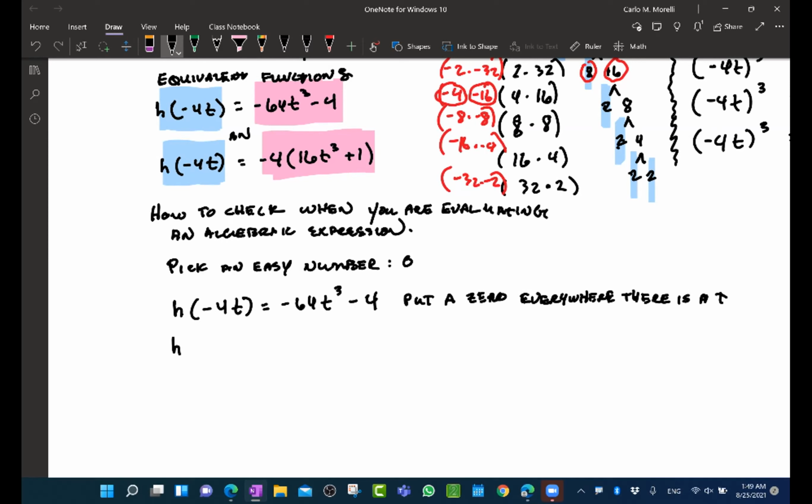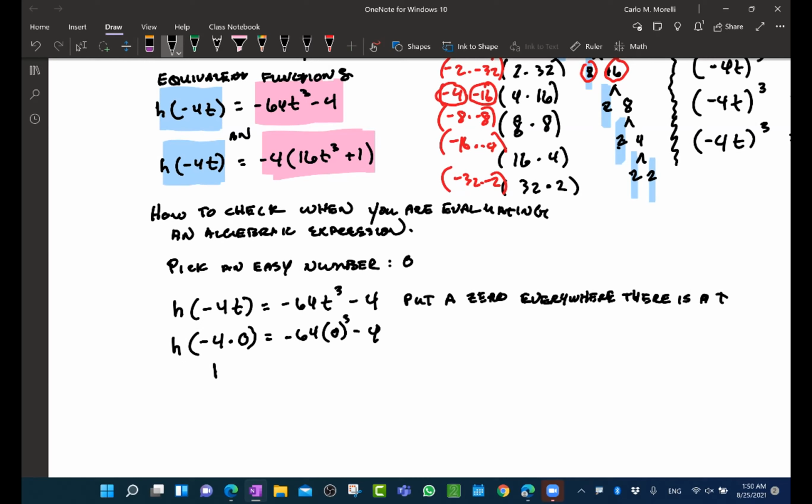So h of negative 4 times 0 equals negative 64 times 0 cubed minus 4. Well, negative 4 times 0 is 0.